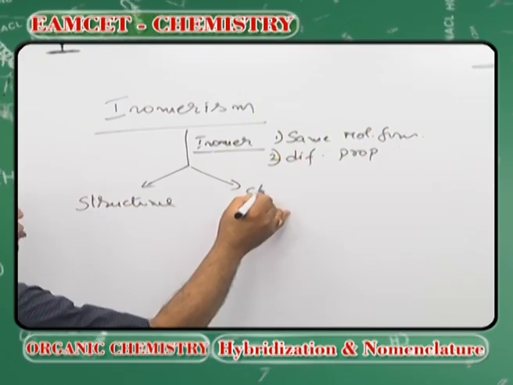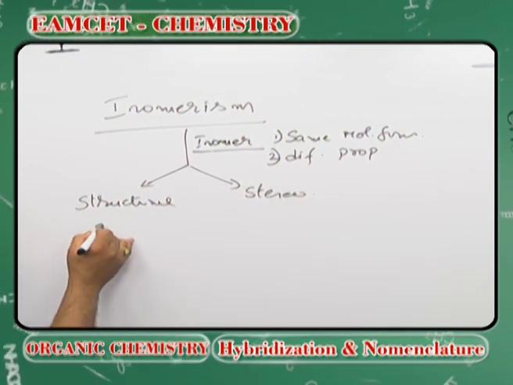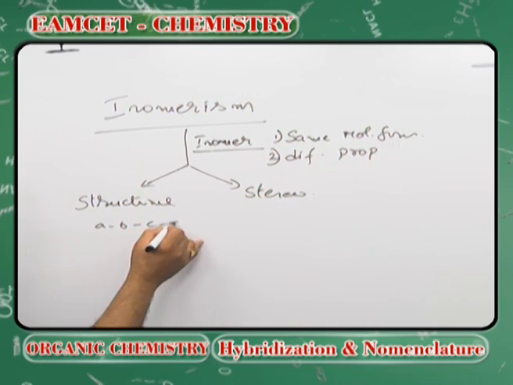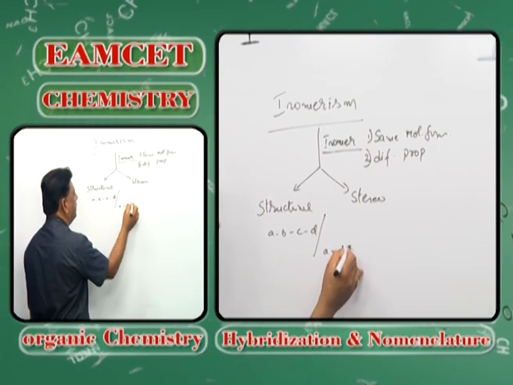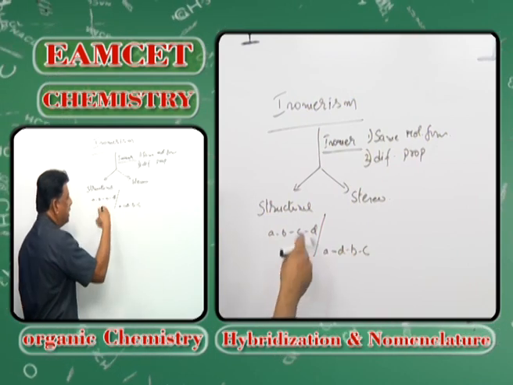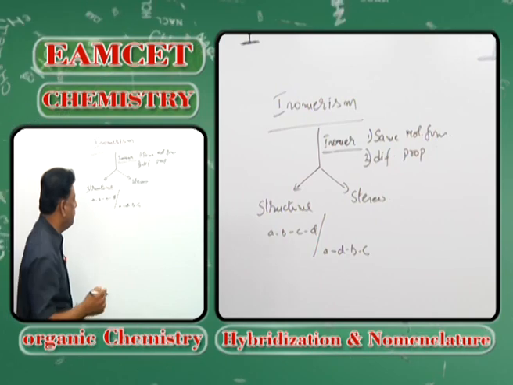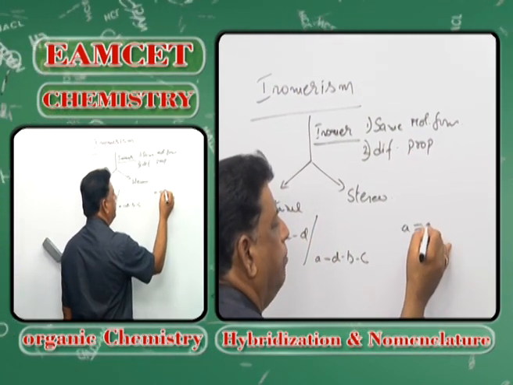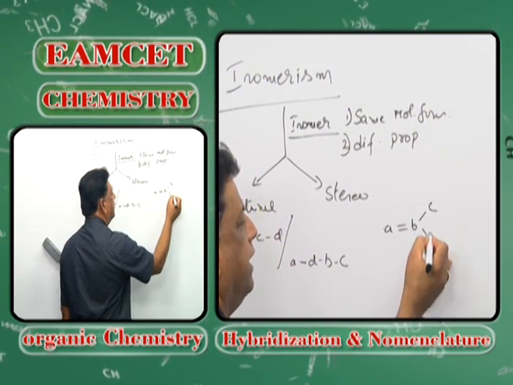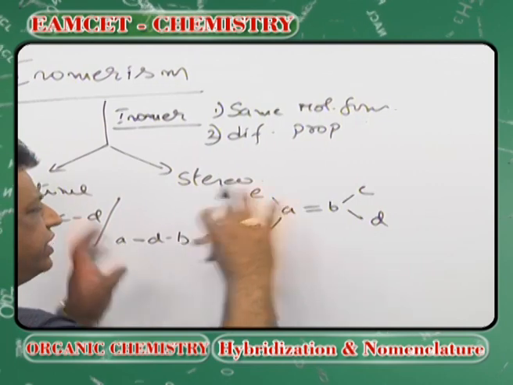and stereoisomerism. Structural means the order will be changed, like when an A, B, C, D molecule is there, it can be reconstituted like A, D, B, C. This type of reconstituting, jumbling the atoms, leads to structural isomerism. Whereas, take a molecule like A double bond B attached with C and D, and E and F. This is a fixed molecule.